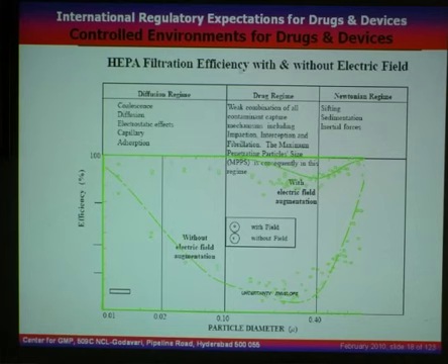Now, if you compare with the HEPA filter without any such electrostatic assistance upstream, whether in terms of an electrostatic precipitator or this mesh arrangement that I spoke about, you will find that the quality of air coming downstream goes up by an order of magnitude.